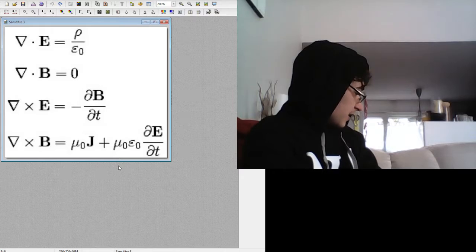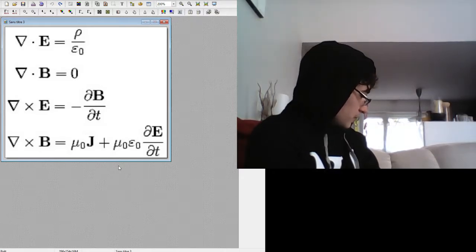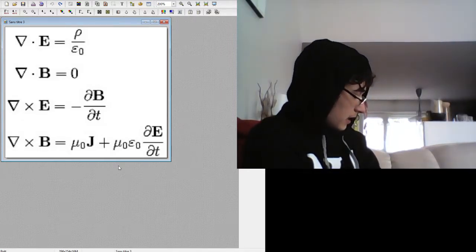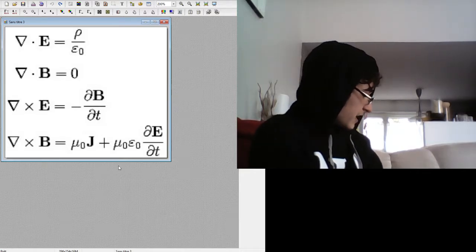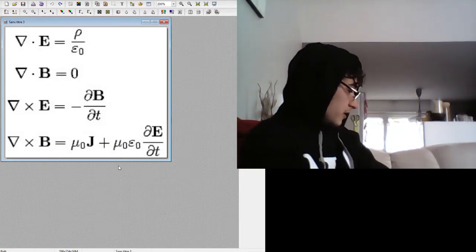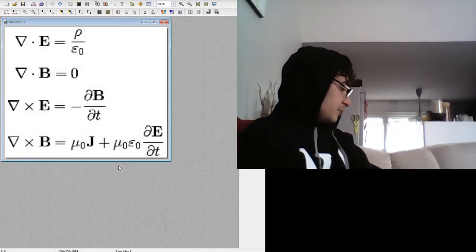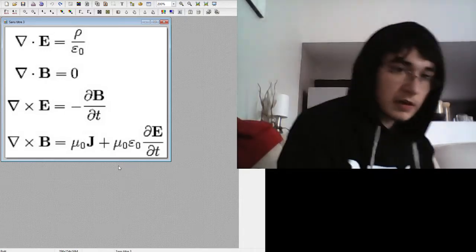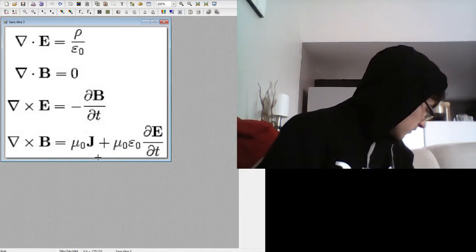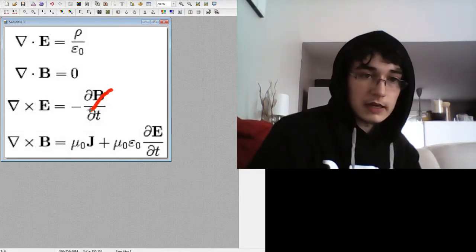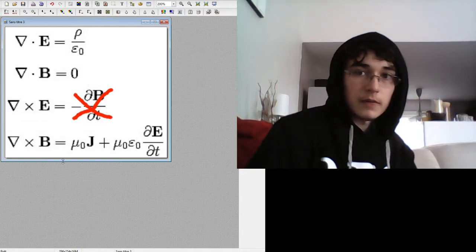You'll say that the electric field E has almost the same characteristic as the electrostatic field, which means that its rotational is 0. This is 0.